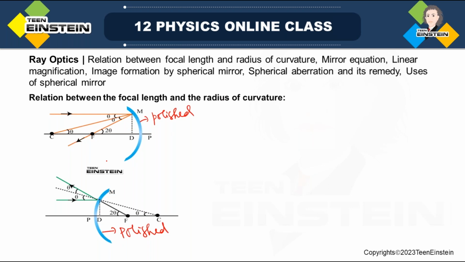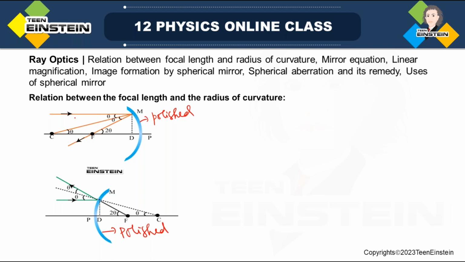Okay, so see, I have taken a parallel ray. We have already discussed during the definition of focus that focus is the point on the principal axis where the parallel rays after reflection meet.